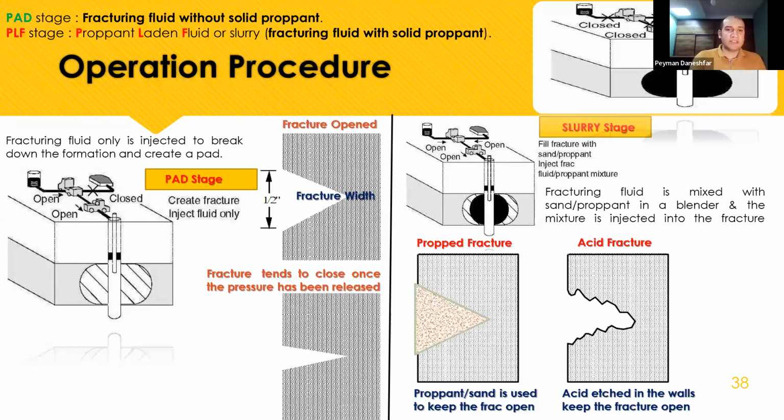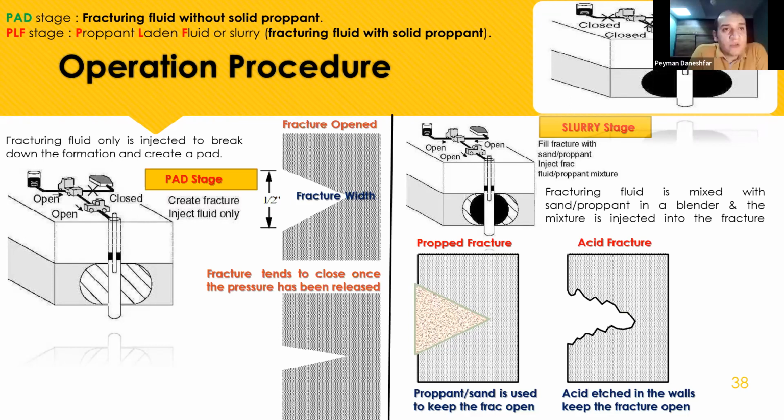If you see here, three valves will open: proppant, fracturing fluid, and injection, and the pumping valve after the pump truck will open to the well. The empty places will be filled with the proppant.